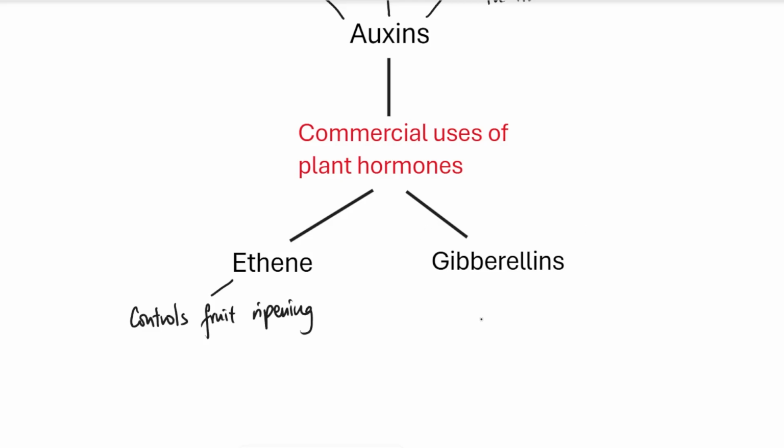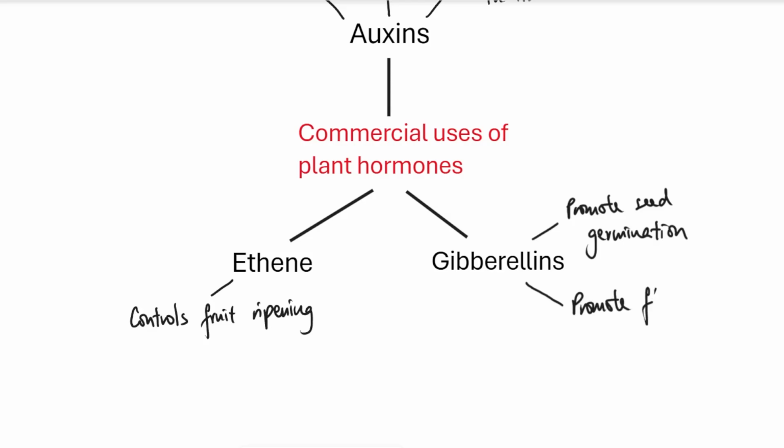And finally, we got to gibberellins. Gibberellins have 3 commercial uses. First of all, increasing the concentration of gibberellins will promote seed germination. So if seeds are struggling to germinate because it's cold, or the conditions are just not quite right, you can add gibberellins to help the seeds start growing shoots.